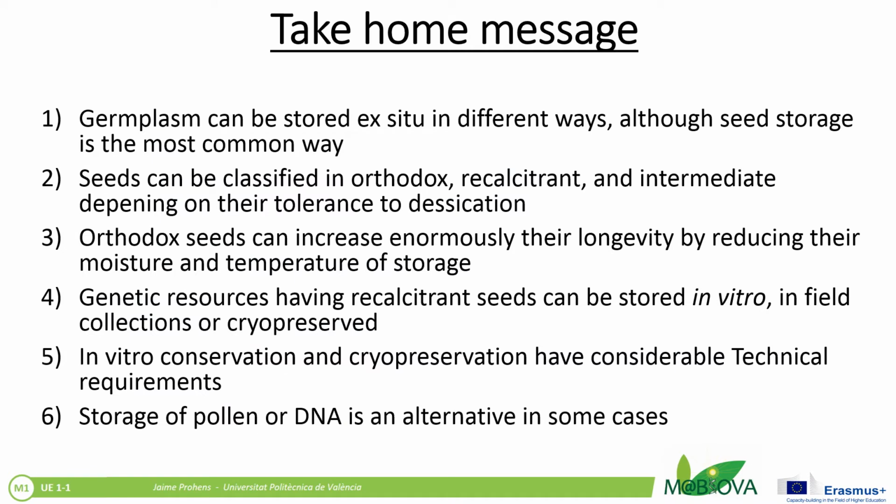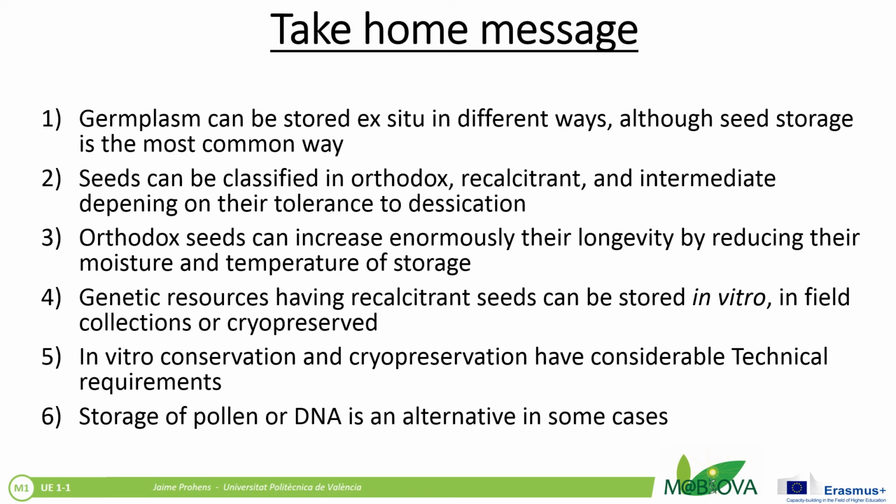The most important messages of this subunit are: first, germplasm can be stored ex situ in different ways, although seed storage is the most common way. Second, seeds can be classified in orthodox, recalcitrant, and intermediate depending on their tolerance to desiccation. Third, orthodox seeds can increase enormously their longevity by reducing their moisture and temperature of storage.